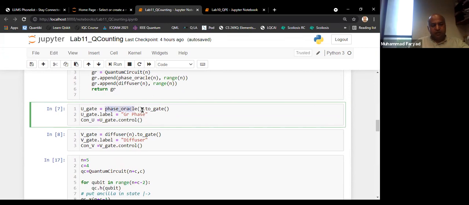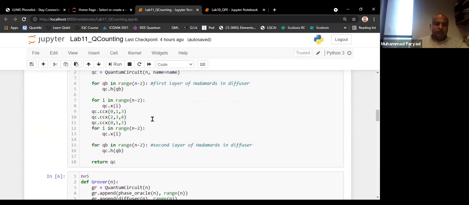You have this phase oracle, and you can use this extension .to_gate. So it is converted to this U gate. And I'm adding this label GR phase to this gate. Wherever this gate will be used, it will have this name, GR phase, Grover phase. And then I'm converting it into a control gate. You can do that by this command .control. So Qiskit can do it for you.